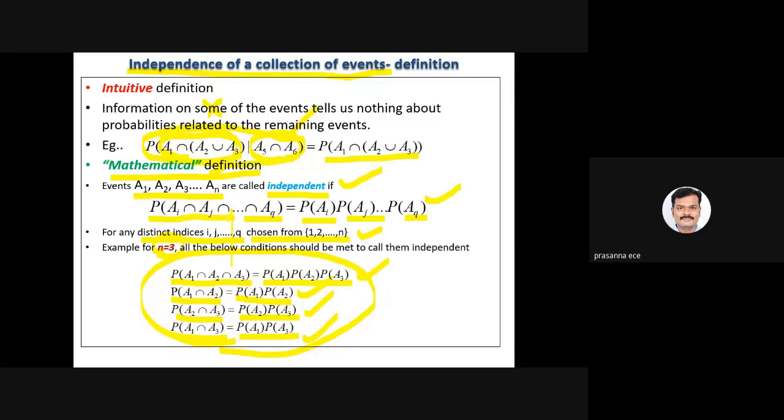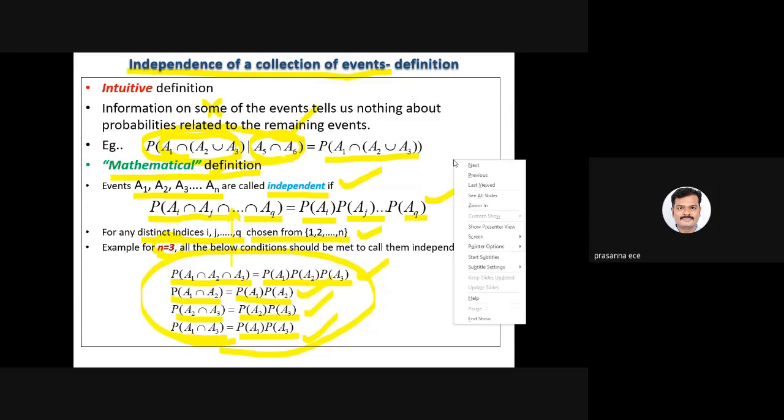You can go through this mathematically rigorous definition. There are other forms of the same definition given in the textbook, so you can study those as well. This is a slightly simplified definition compared to the one in the textbook.